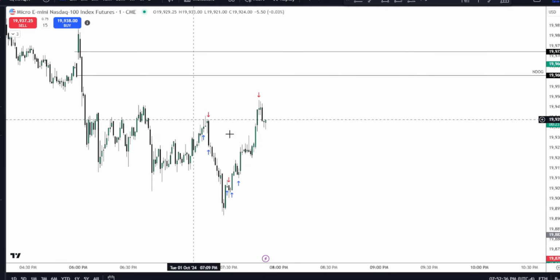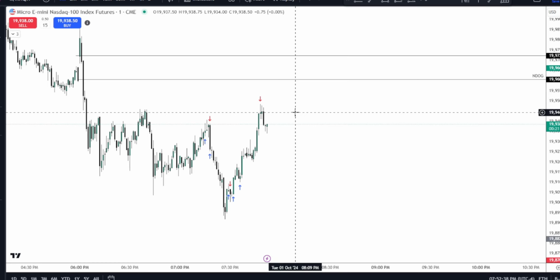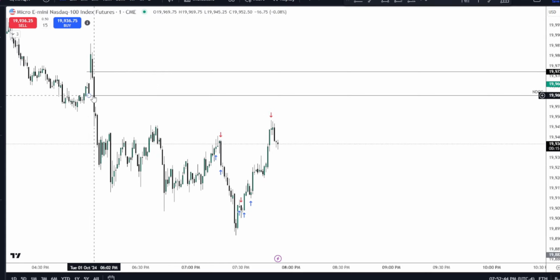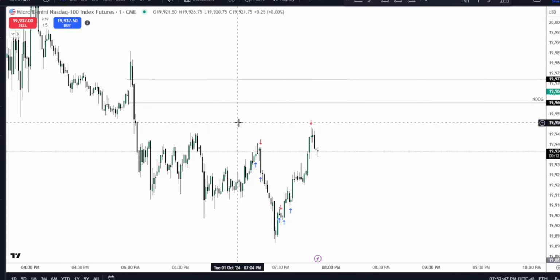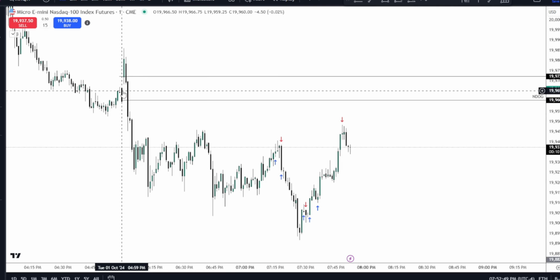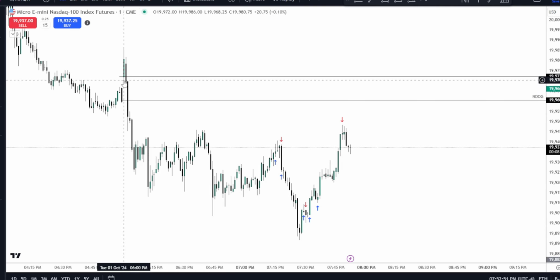The first thing I always want to start off with, I'm looking at the charts, like I said, around 6:30. But the main thing you always want to point out is your new day opening gap. Your new day opening gap happens between that 4:59 and 6 o'clock gap.